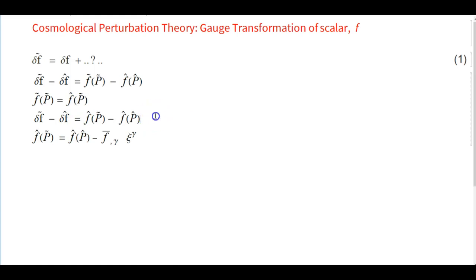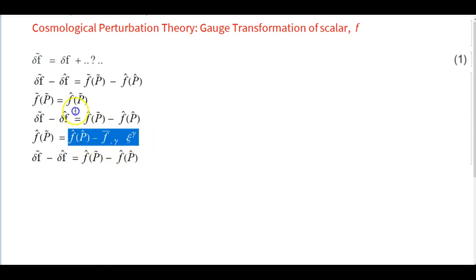So now we can simplify this. The value of the scalar perturbation delta f in gauge 2 is equal to the value of the scalar perturbation in gauge 1 minus f bar derivative with respect to gamma xi gamma.